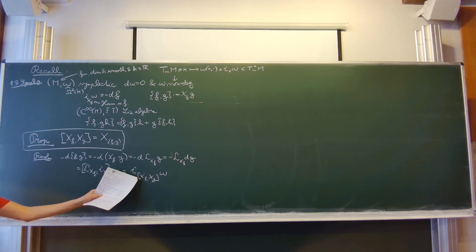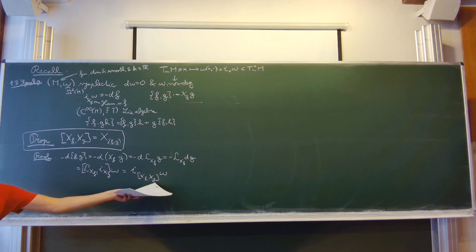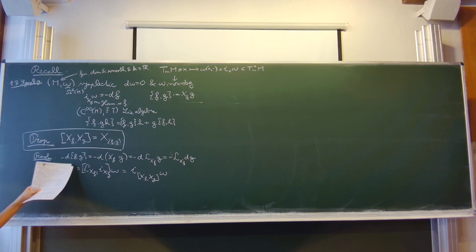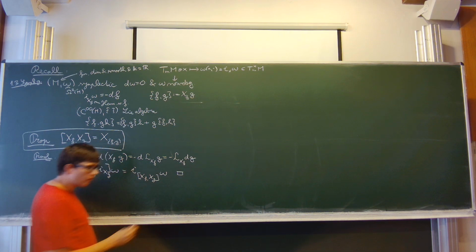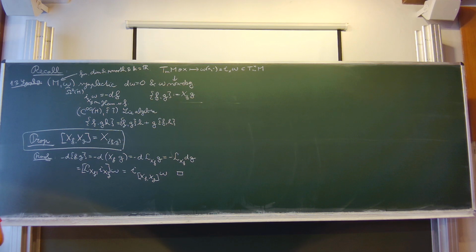And looking at the beginning and at the end, we see that this vector field here is, by this definition, precisely the Hamiltonian vector field for the commutator, the Poisson bracket of f and g. This concludes the proof, with this little playing with these Cartan formulas.